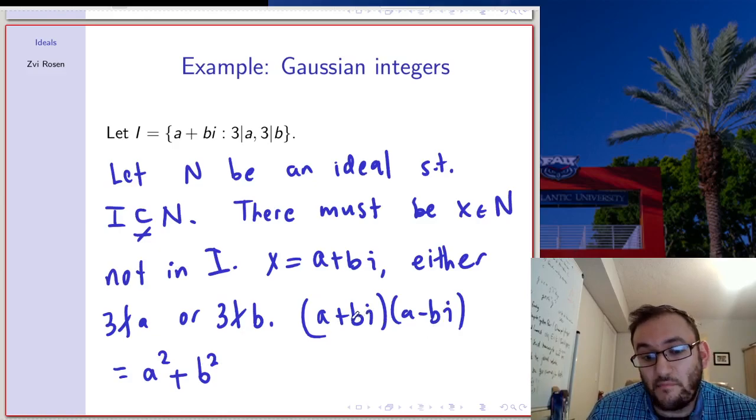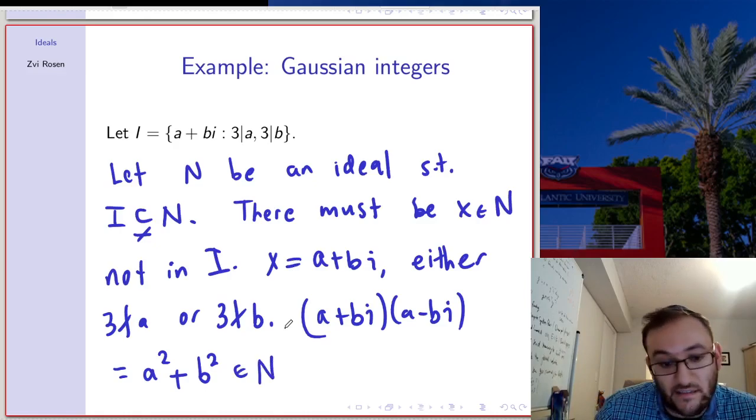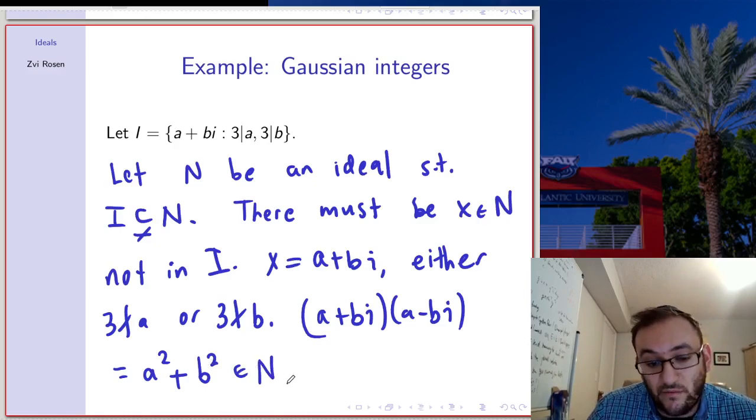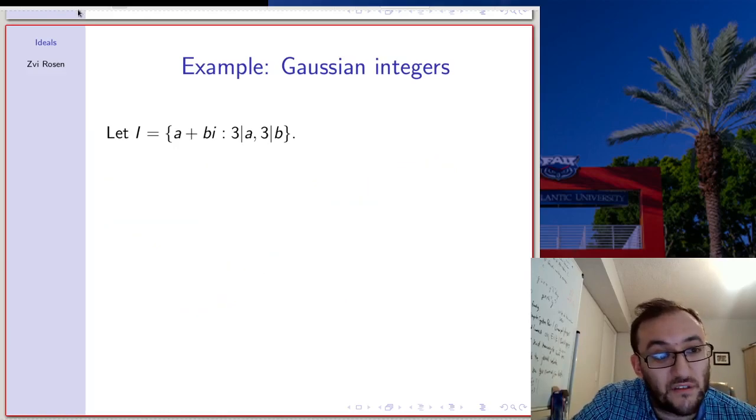Because this is a multiple of x, it is in n, by properties of ideals. This is a real number, and we'll see on the next slide that it is also not a multiple of 3.